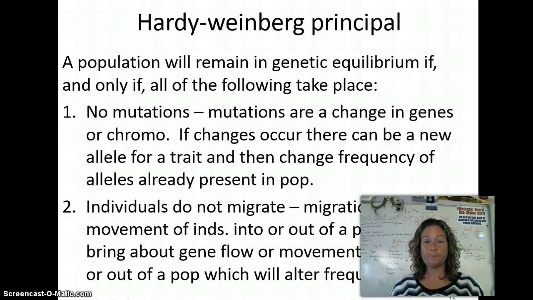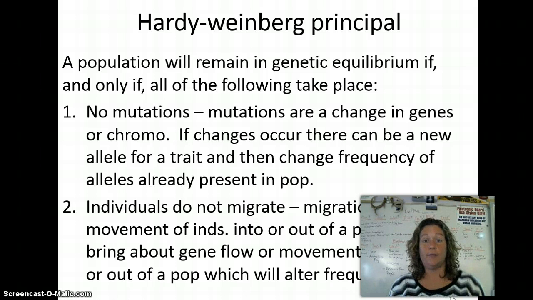If any one of these five is happening, then the population is not in genetic equilibrium and allele frequencies will be changing. So in order for genes to stay the same, you can't have any mutations, because a mutation changes genes, which change chromosomes, which can affect a trait. We could have a new trait, or a trait disappearing, and then you're going to have an allele frequency change over time.